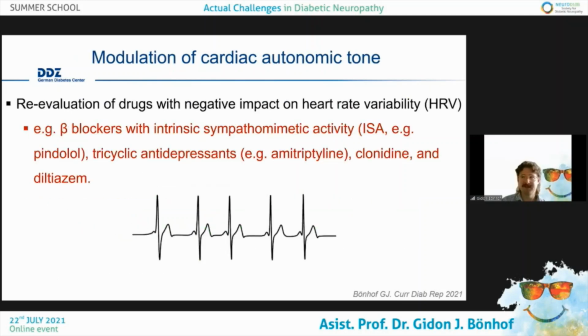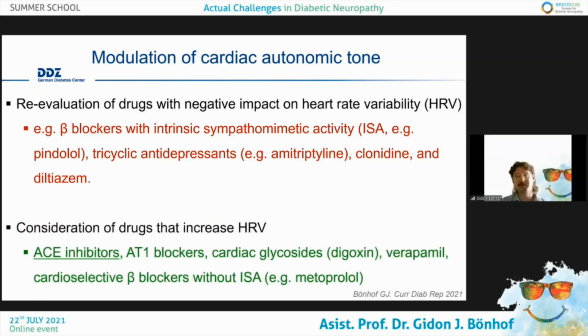There are some substances that should be avoided if possible, which are certain beta blockers with intrinsic sympathomimetic activity. Unfortunately, several antidepressants have a worse effect on heart rate variability, but there are also substances that you should prefer.